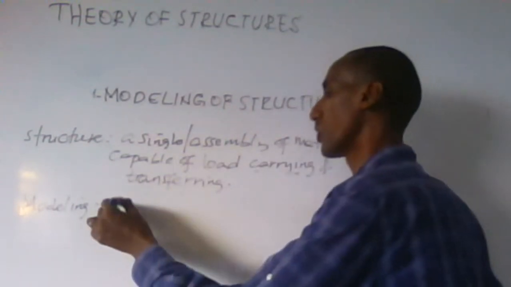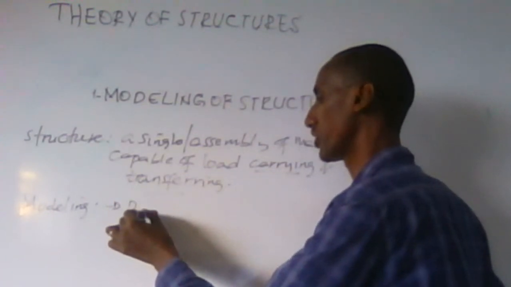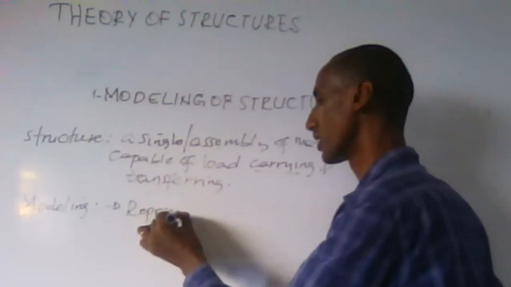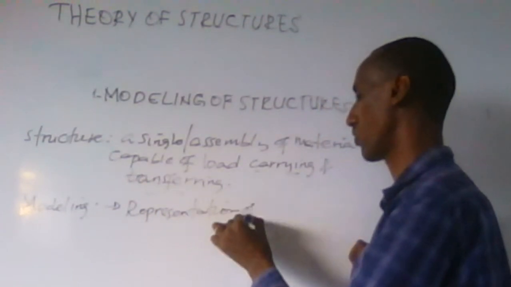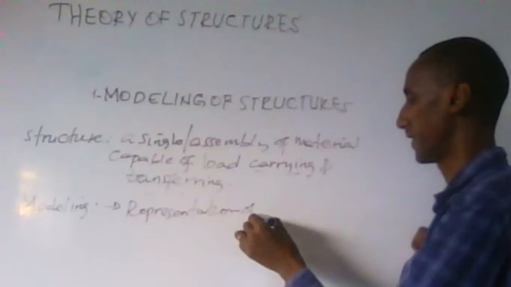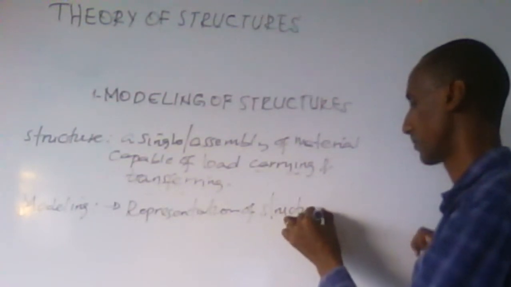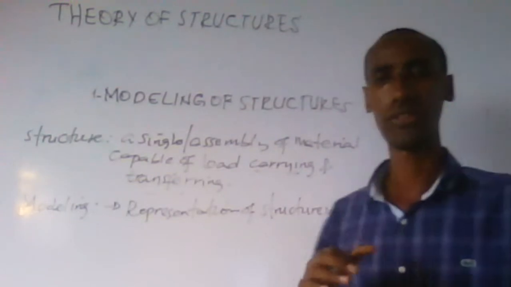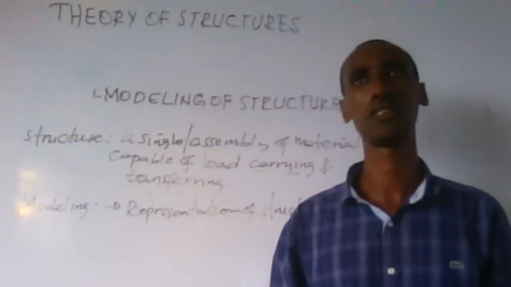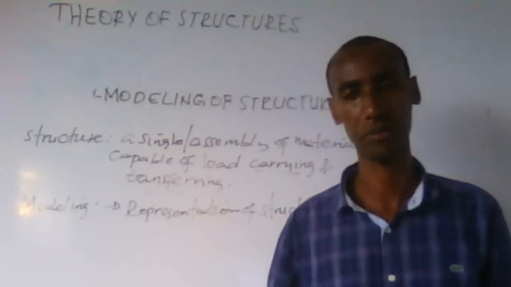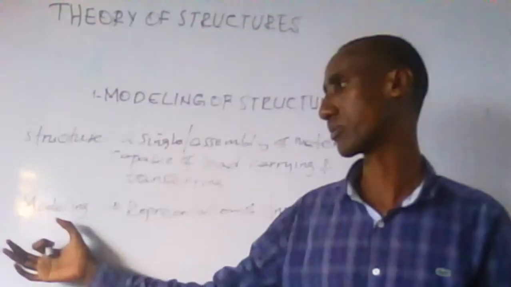So simply we can name it as representation of structures. Different structures and structural components are going to be represented reasonably by some representing structural components. So this is named as modeling.